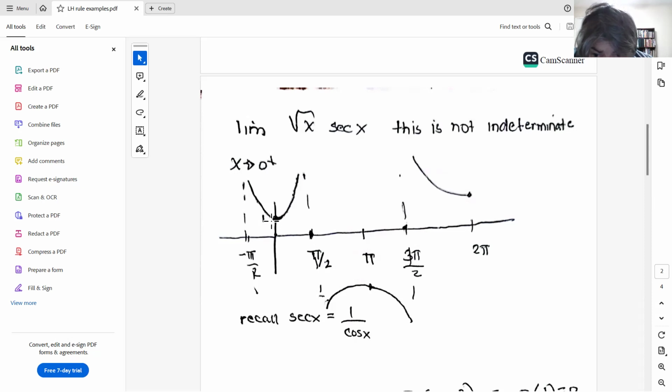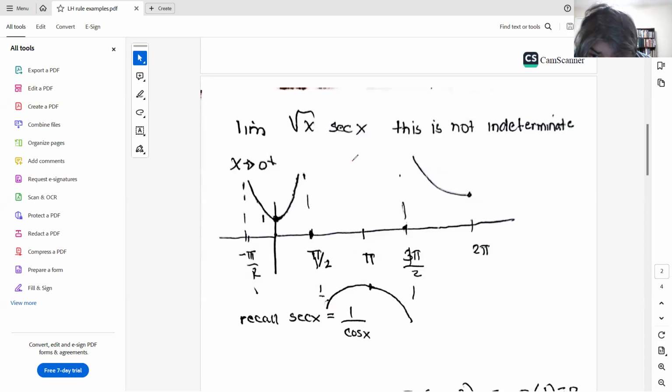As you can see, as we approach 0 from the right, we're approaching 0 from here. That limit is 1. So this becomes 0 times 1, which is not indeterminate.